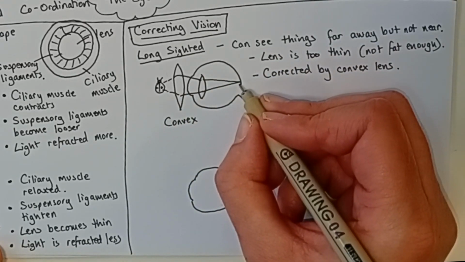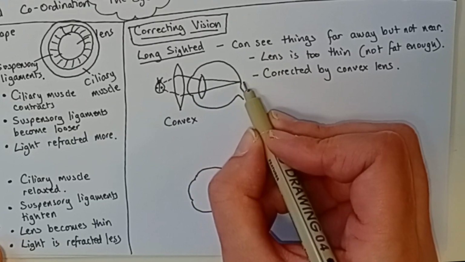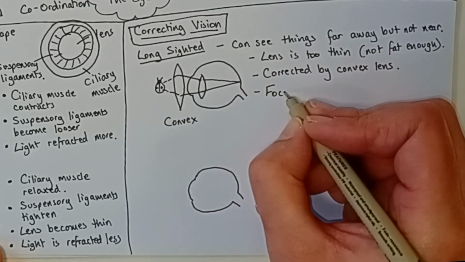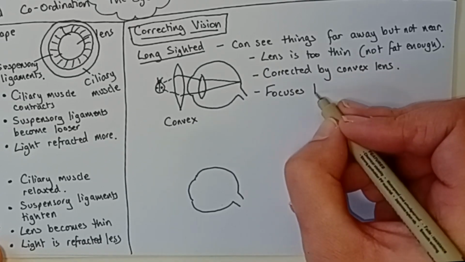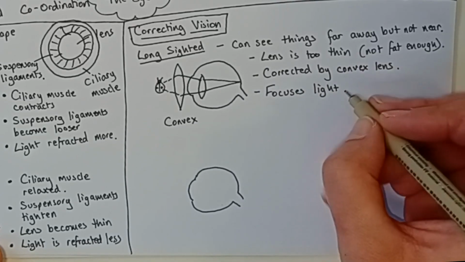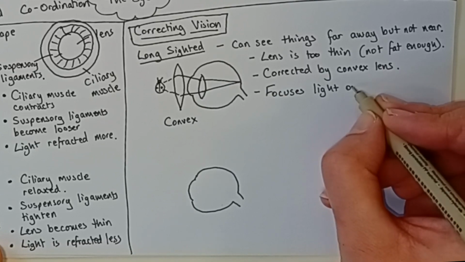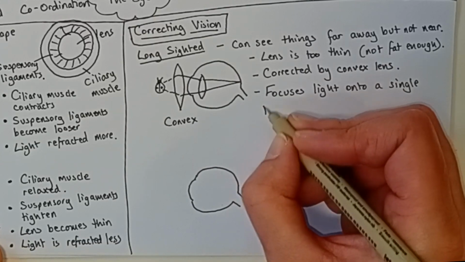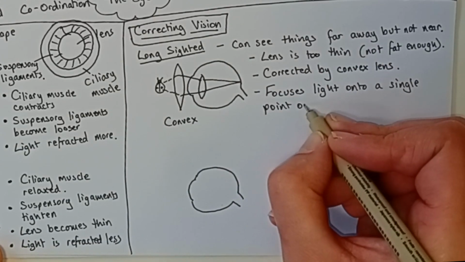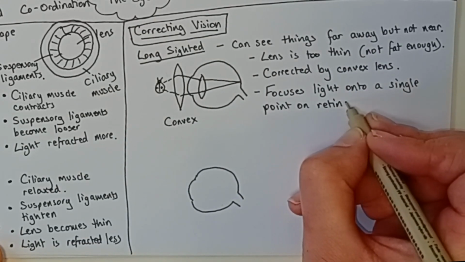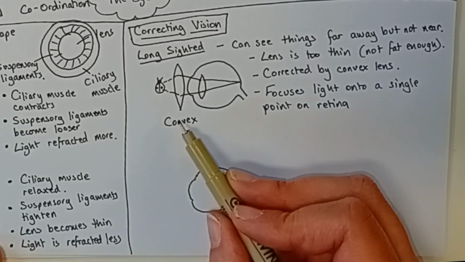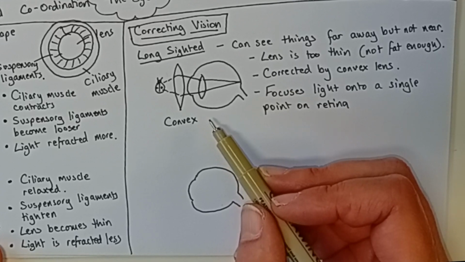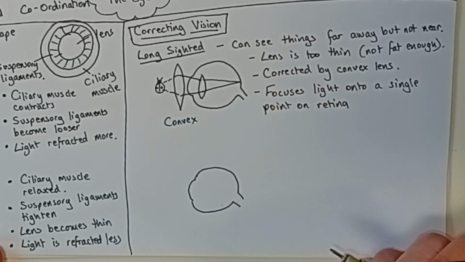And it means that it focuses the beams of light to a fine point on the retina. Convex lenses can also correct if your eyeball is the wrong shape.